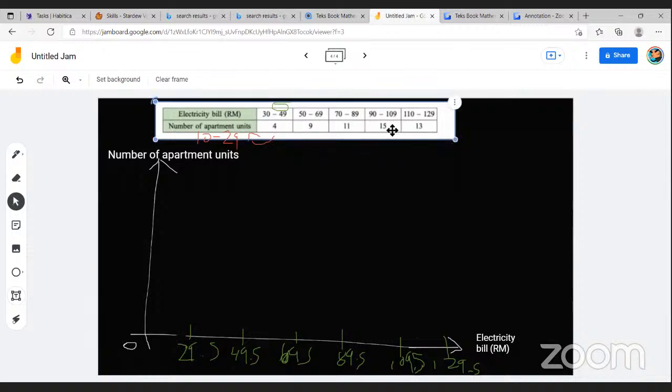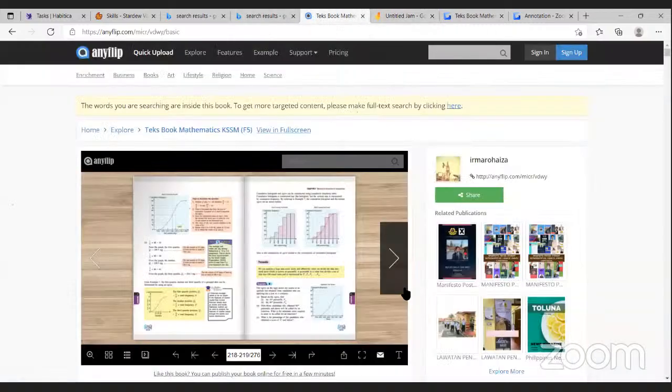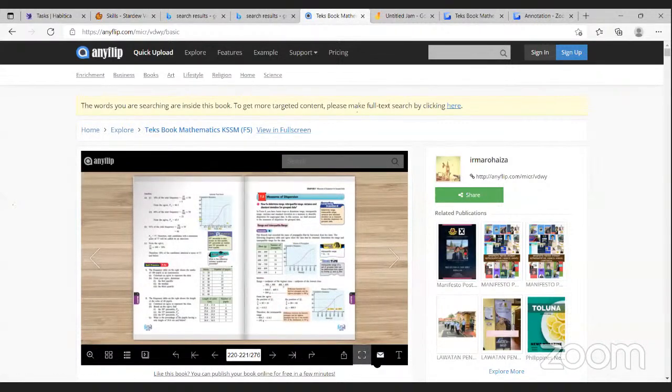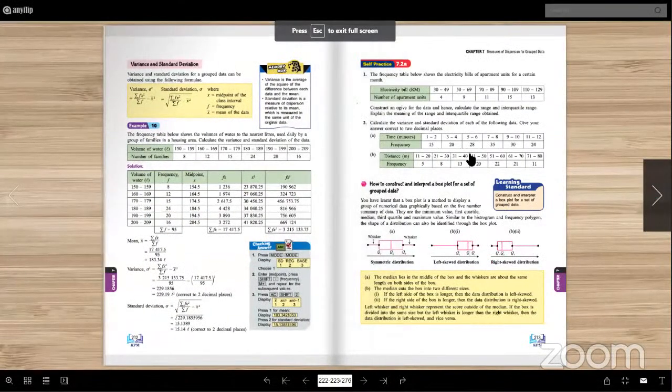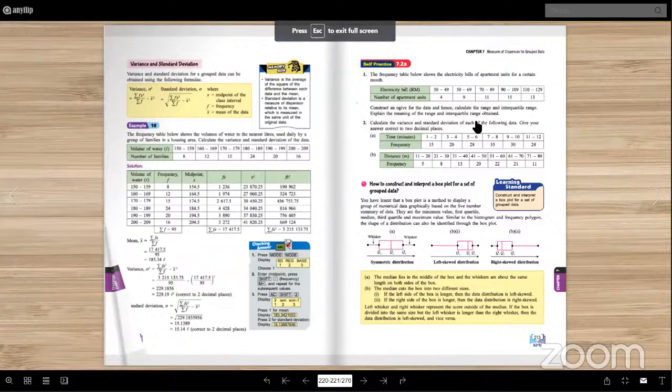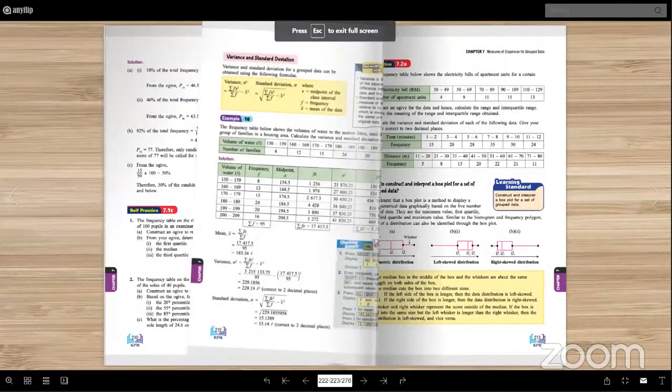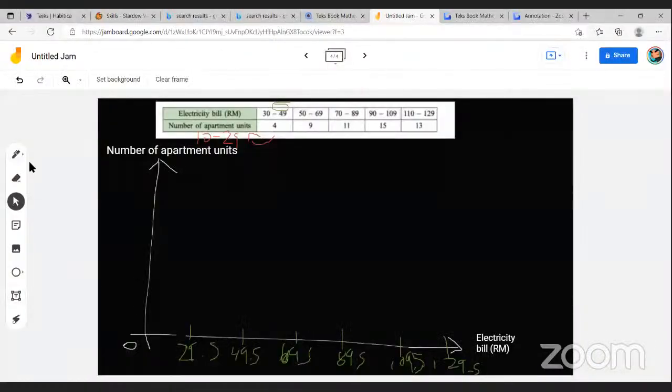Okay, so of course you have to find the first quartile and the third quartile as usual. That's the most important part. So for your first quartile, let's say we zoom in, then you have to find the total frequency. Actually, now I have to do this whole thing, so give me a moment.